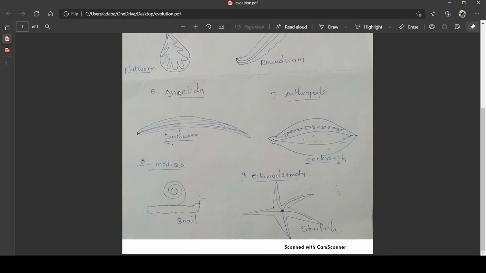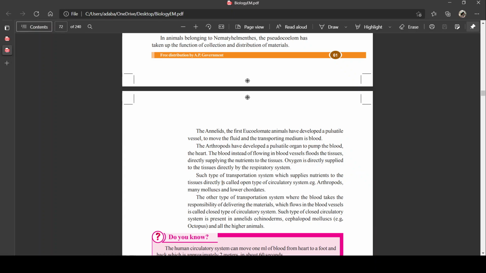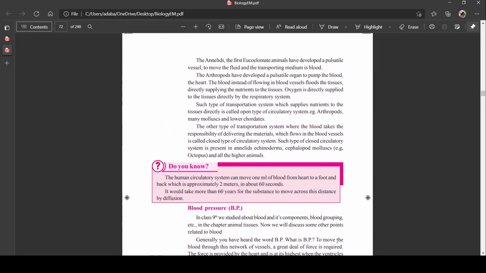So the other type of transportation system, where the blood takes the responsibility of delivering the materials, which flows in the blood vessels, is called closed type of circulatory system. We know the open circulatory system, and in open circulatory system blood vessels are absent.